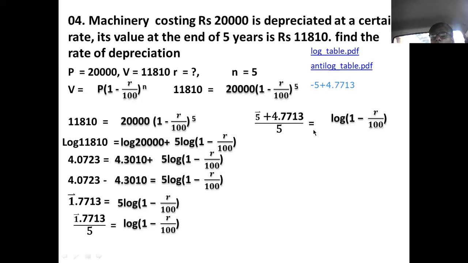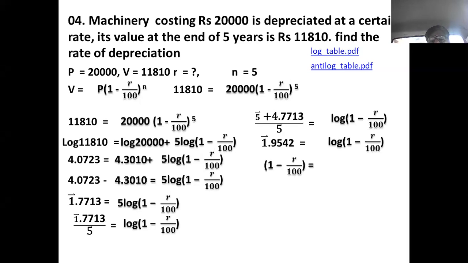Is equal to log 1 minus r by 100. If you divide it, its answer is 5 divided by 5 is bar 1. This is bar 1. Then 4.7713 divided by 5 is equal to 0.9542 comes. Okay, therefore 1 minus r by 100 is equal to antilog of bar 1.9542.